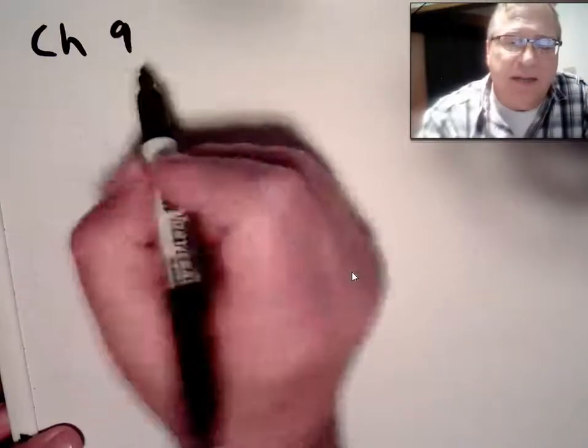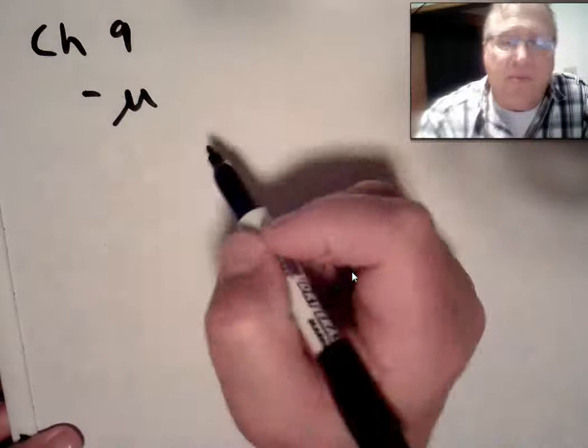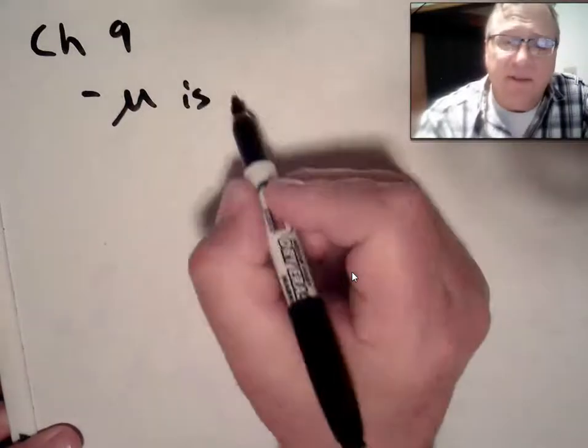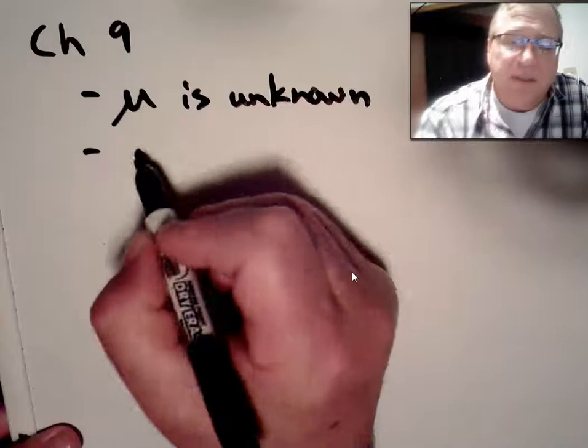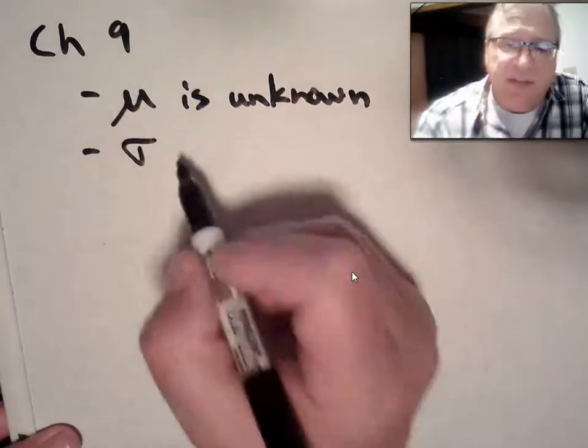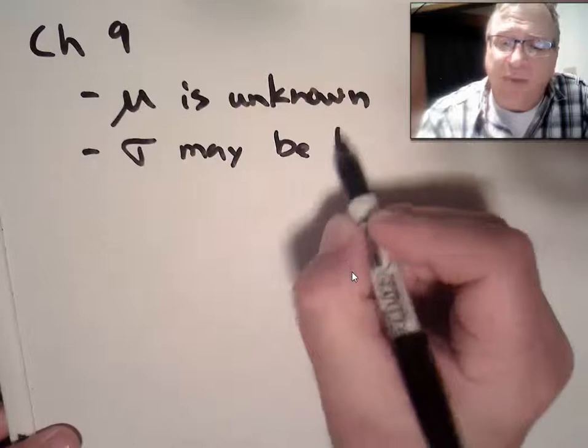And let's see, in Chapter 9, we have a couple things going on. The population mean is unknown. The population standard deviation may be known.